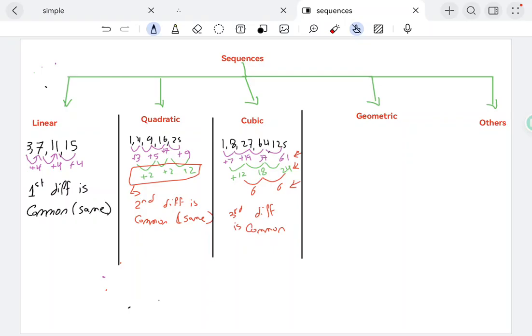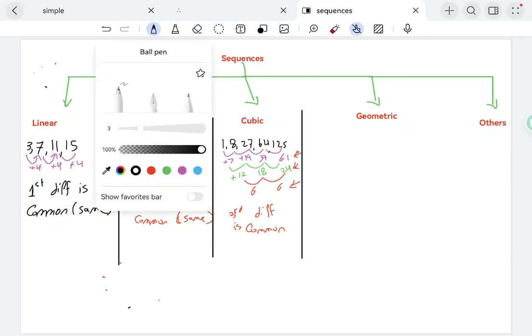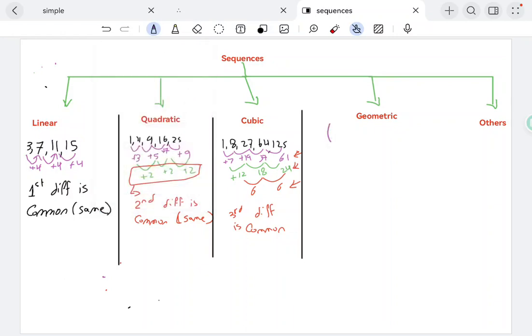Amazing. Geometric sequence, or some teachers also in books call it exponential sequence, and we call it that for a reason: exponential, from exponent. Okay, how do we find out that it is a geometric or exponential sequence?